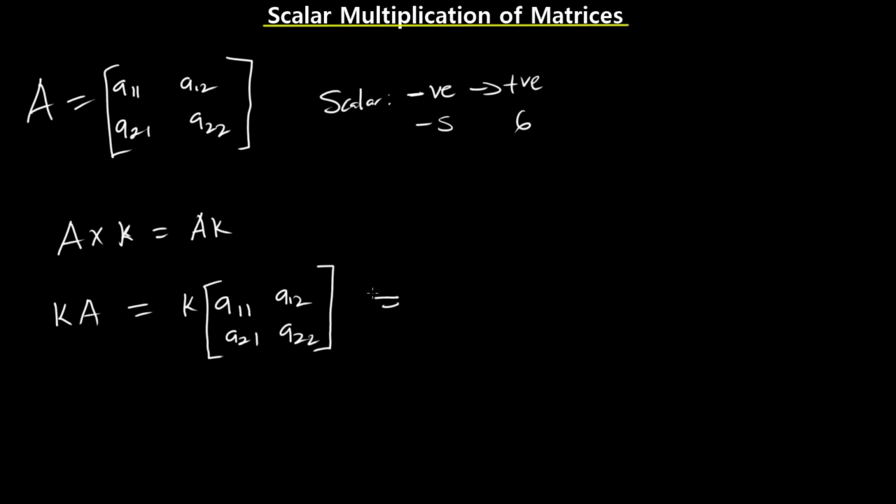To do this, we multiply each element of the matrix by k. So we are going to have kA11, kA12, kA21, and kA22. That's simply how we can find scalar multiplication of matrices.